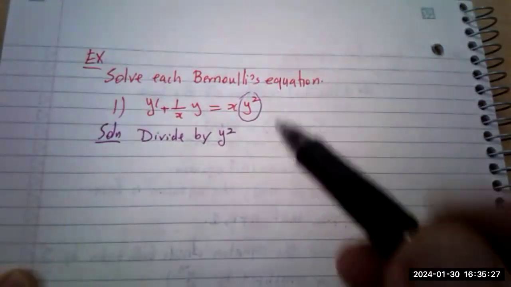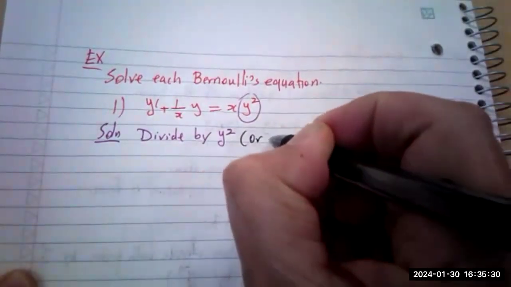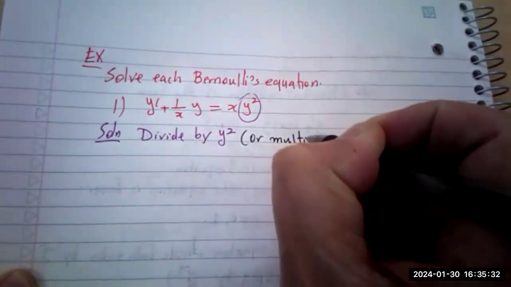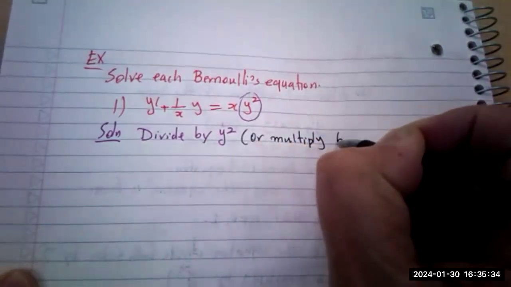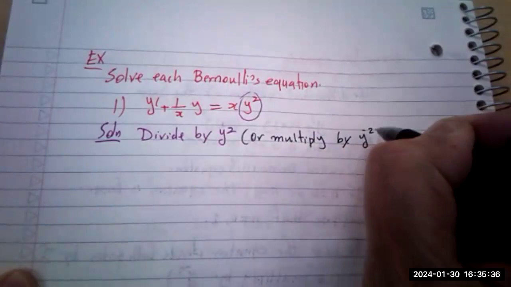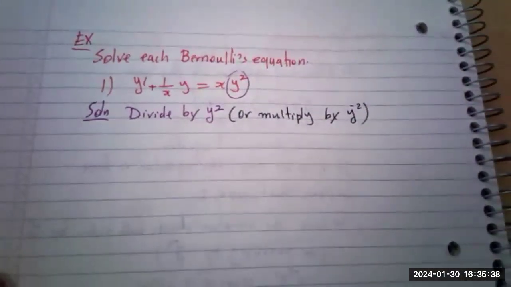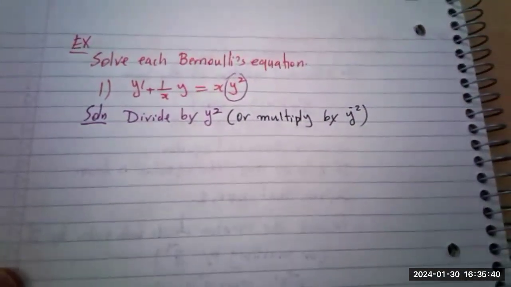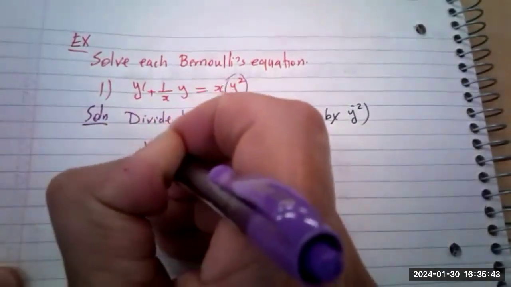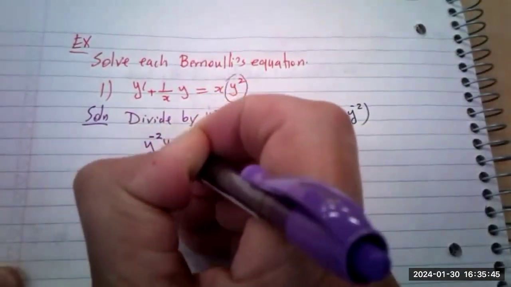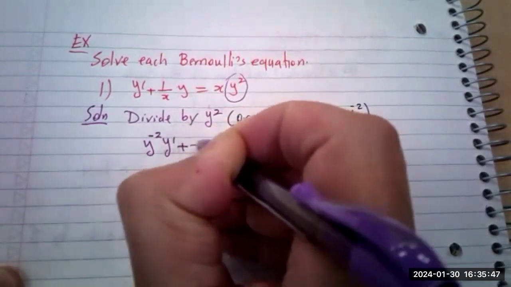Okay, which is the same as multiply by y to the negative 2. Carefully multiply it. This is going to be y to the negative 2, y prime, that's a 1 over x.